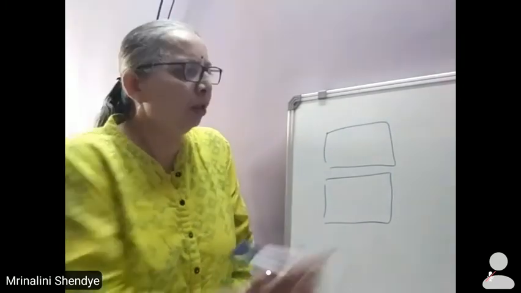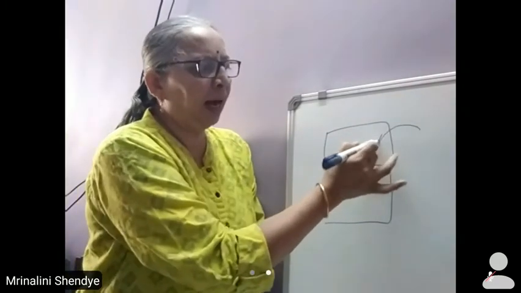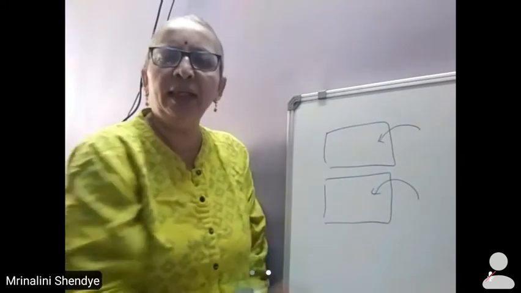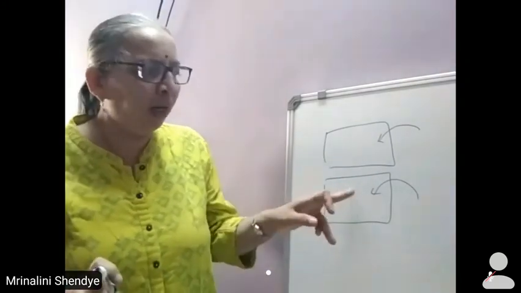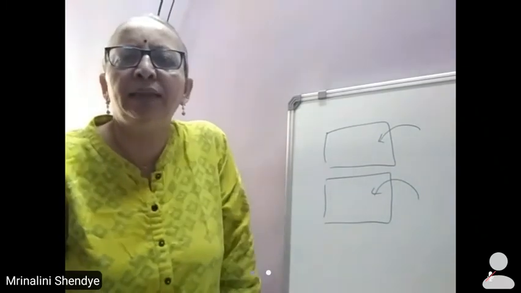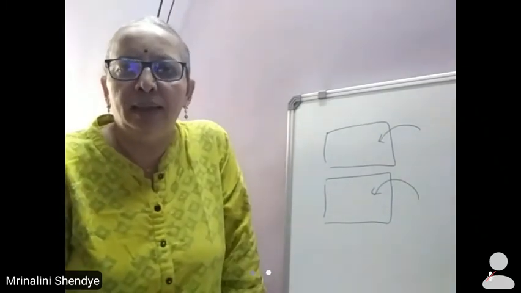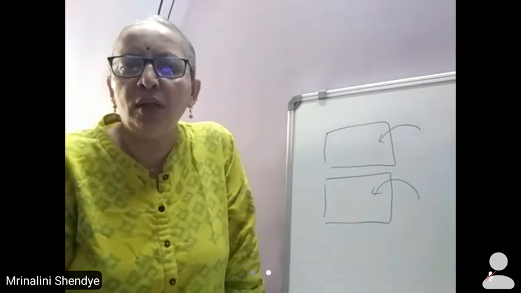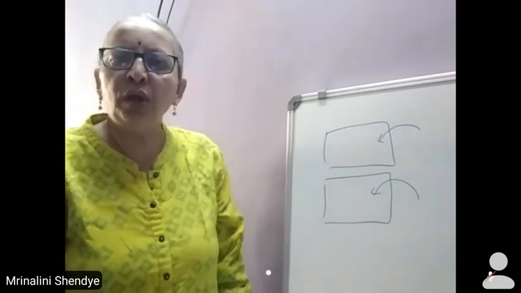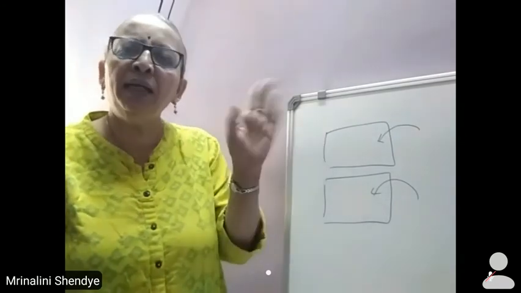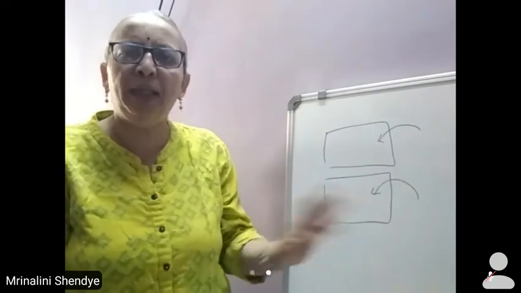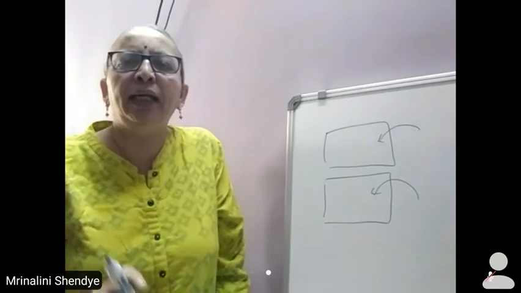Otherwise, when donor impurity is added or acceptor impurity is added, atoms of donor impurities or acceptor impurities are neutral. They possess equal number of protons and electrons. So electrically, the crystal as a whole, individually n-type or p-type, is electrically neutral.